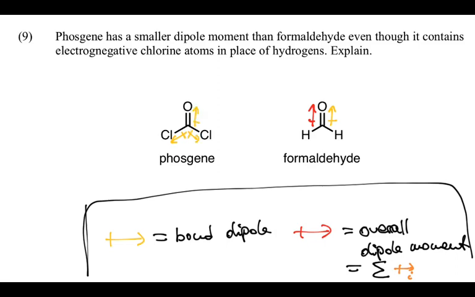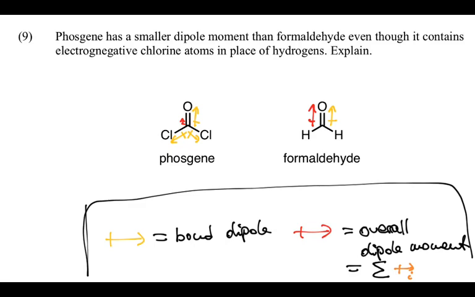If you add them up, you get something very small, which might look maybe like this. You see that? Because the dipoles are pointing in opposite directions, they cancel each other out. Whether it points up or down, I don't know exactly. It depends on the actual polarity.